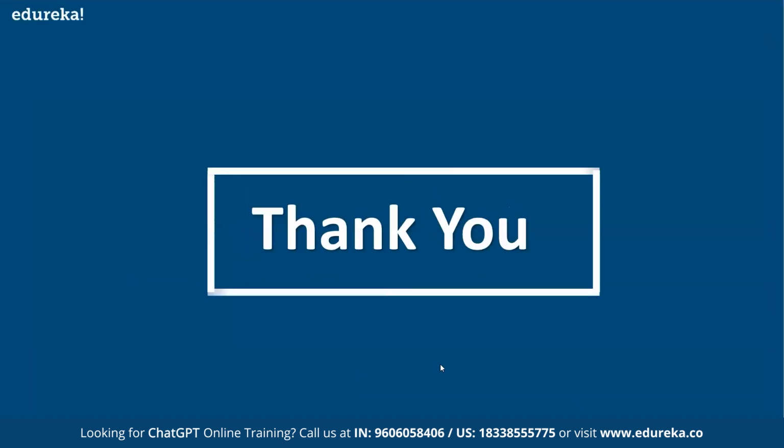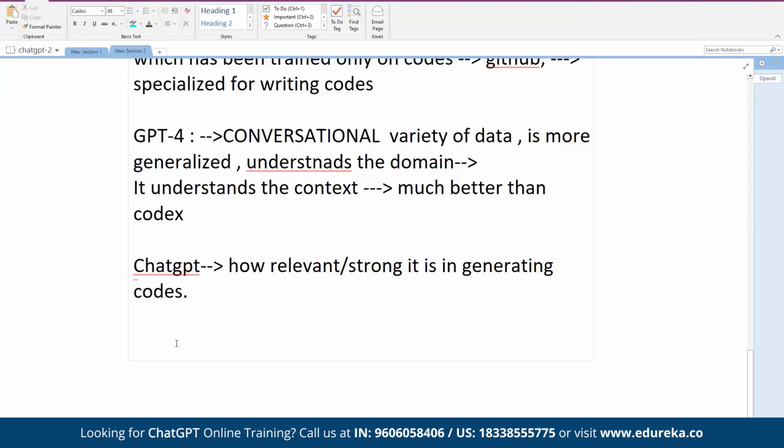So this is about this session. I hope all of you enjoyed the session wherein I started with the introduction to ChatGPT. What is the company that is making it? Who is the competitor of ChatGPT right now? So Google is now trying to compete with a model similar to ChatGPT, which is called Bard, right? Google is trying to create its own version.